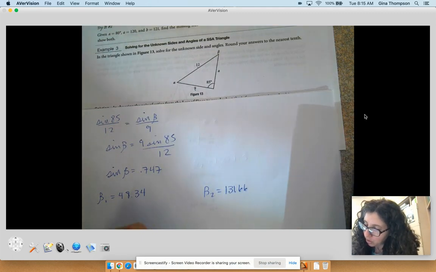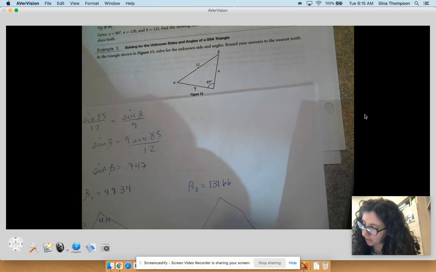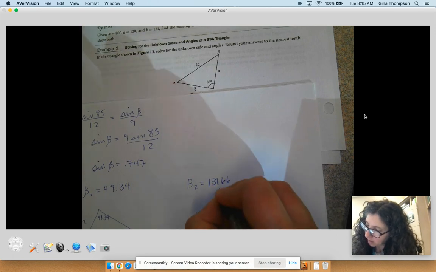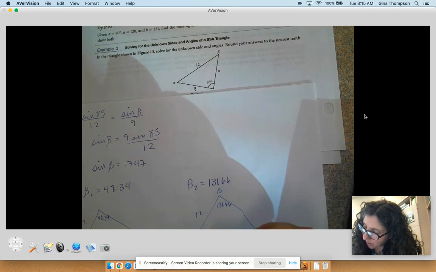All right, so now I'll draw my two triangles. This is 12. This would be 48.34. This is 85. This is 9. Again, I'm not drawing these to scale. And in this case, this would be 131.66, and this is 85.